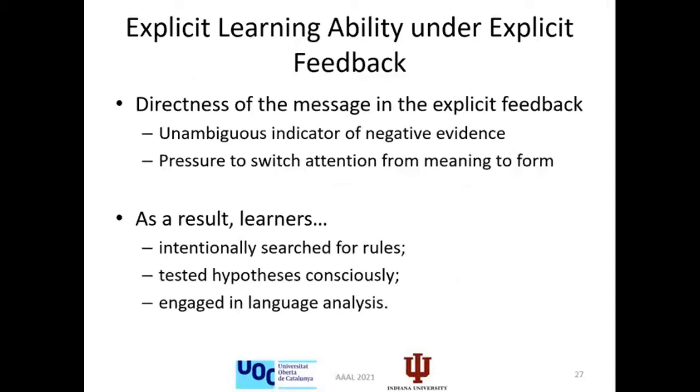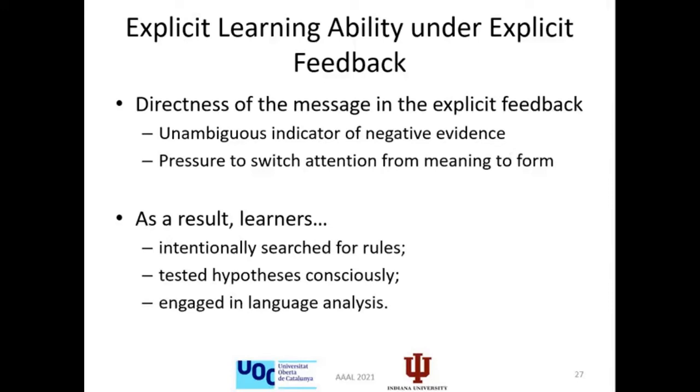The reason why explicit learning ability played a role in the effectiveness of explicit feedback may be related to the directness of the message provided in the explicit feedback regarding the error and how the error should be repaired.